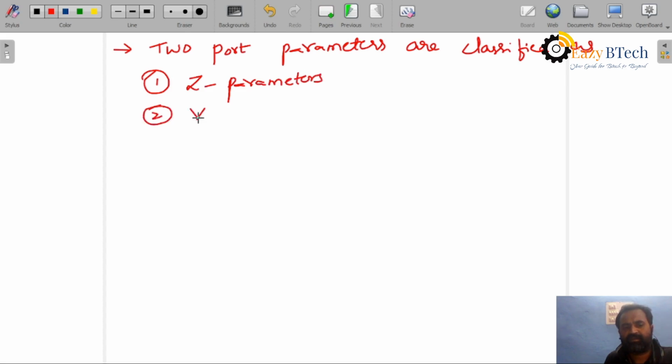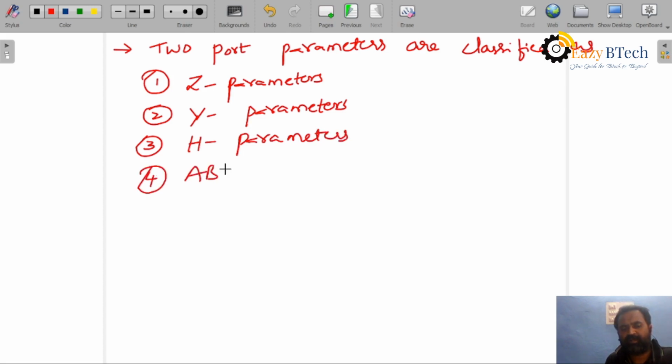Second, Y parameters. H parameters. ABCD parameters. S parameters. These are the two-port network parameters.